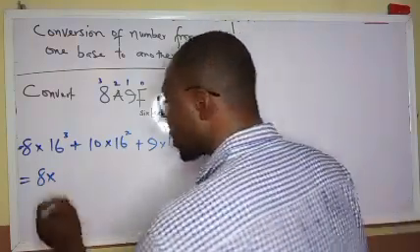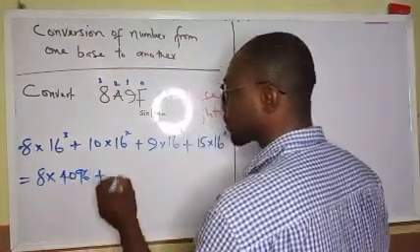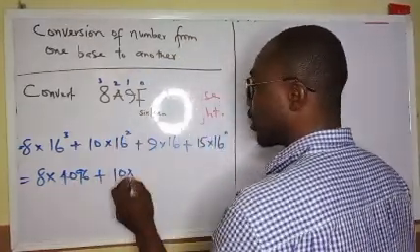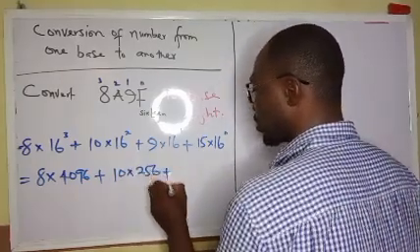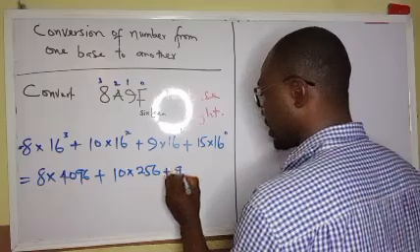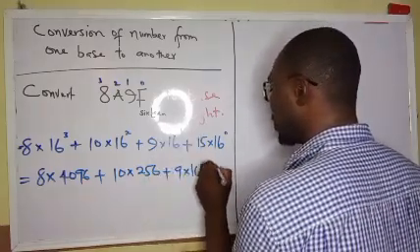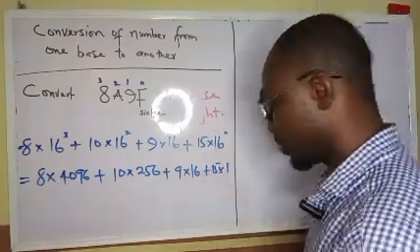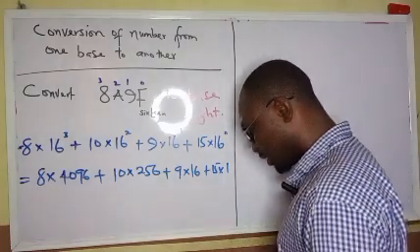We have it to be 4096, plus 10 times 16 to the power of 2, which is 256, then plus 9 times 16 to the power of 1, which is 16, plus 15 times 1, because 16 to the power of 0 is 1. So the next thing is, what is 8 times 4096?